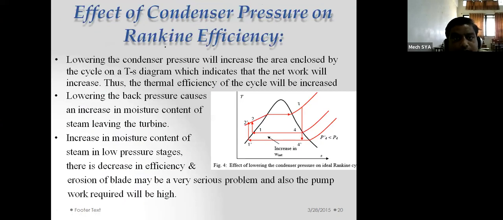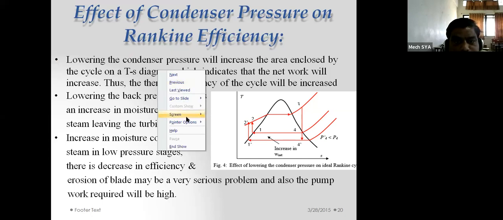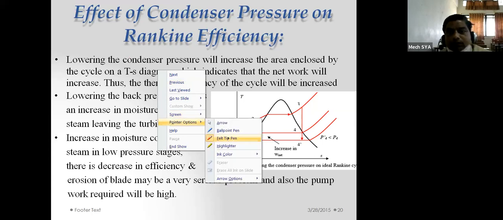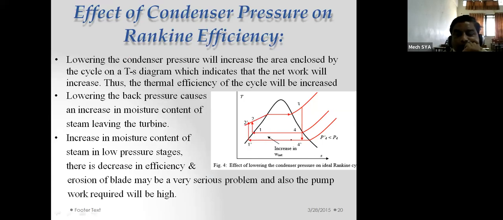In the effect of Rankine condenser pressure, we have discussed that lowering the condenser pressure will increase the area enclosed by the cycle on the T-S diagram, which indicates that net work and thermal efficiency will increase. So here, we know this diagram. If the condenser pressure is decreased, point 4 will shift from 4 to 4 dash.